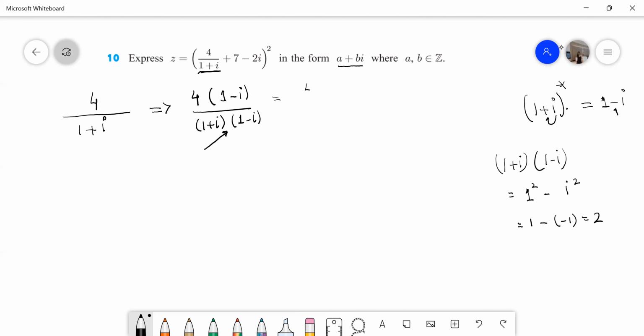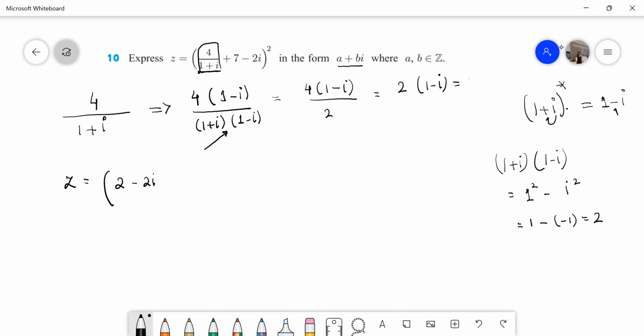So we have 4 times (1 minus i) over 2. And this becomes 2 times (1 minus i). So my whole fraction can now be replaced with 2 times (1 minus i). So what is z then? z is equal to, instead of 4 over 1 plus i, we will now write 2 minus 2i.